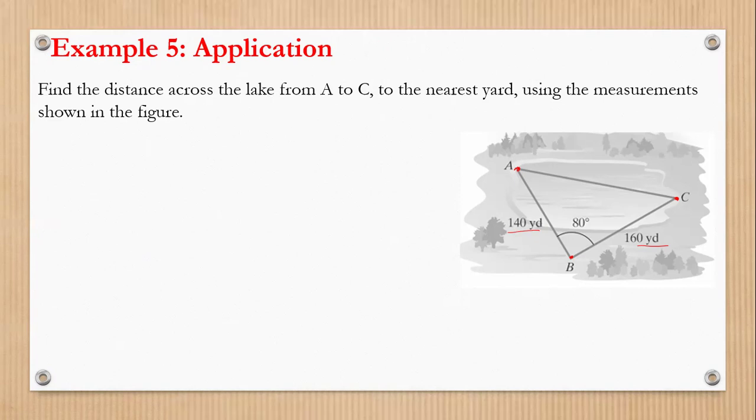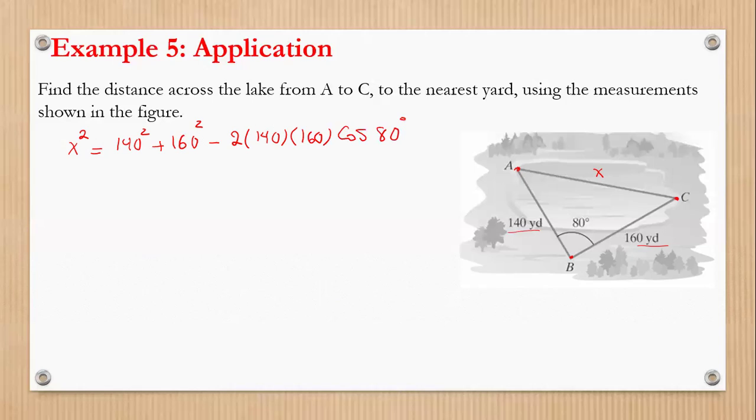So if I call this side x, I can use the law of cosine by writing x squared equal to 140 squared plus 160 yards squared minus 2 times 140 times 160 times cosine of 80 degrees.